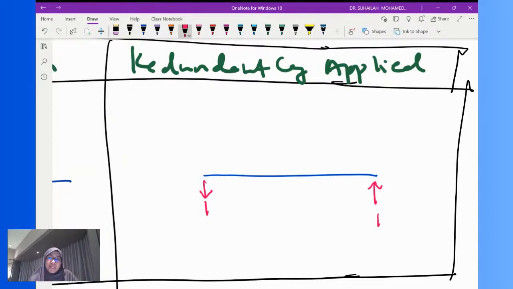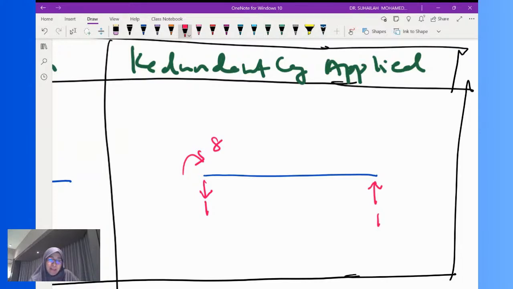For the moment, the distance from A to C is 8, so the moment will be in clockwise direction and the value is 8. We minus by 1 times 8, we get 0. So this is the redundant beam.